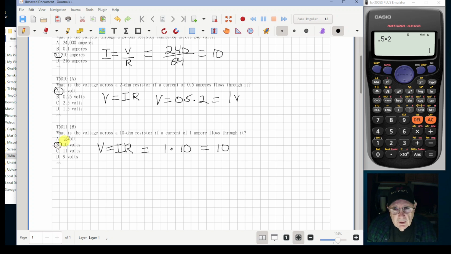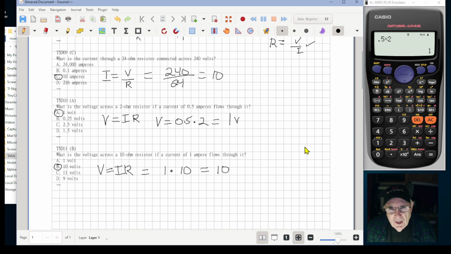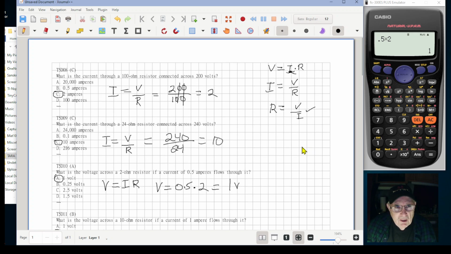Now what I should have had you do at the beginning, before I work these out, is have you work them with your knowledge. That was supposed to be your homework. So now that you've made it all the way through, you might go back and practice this. Or mix up the values a little bit. Choose your own values.